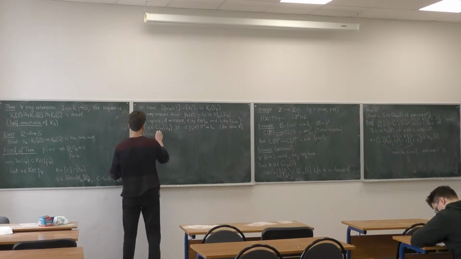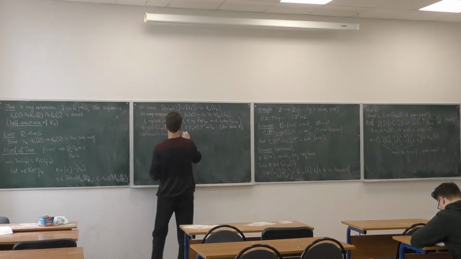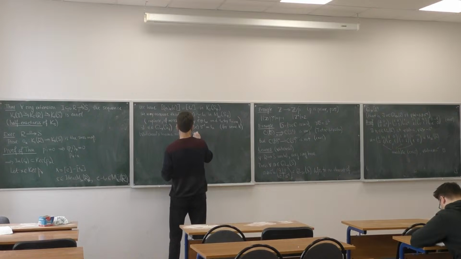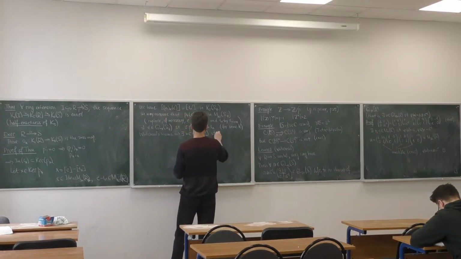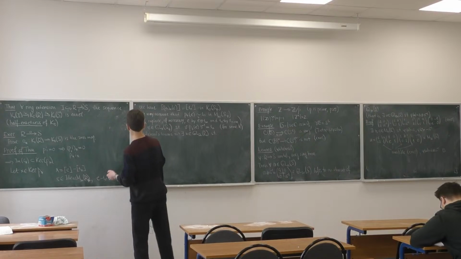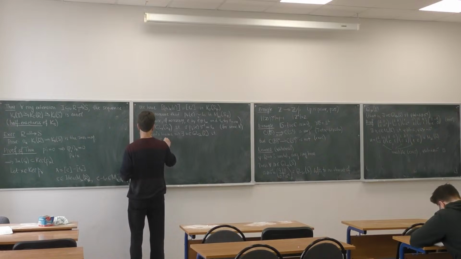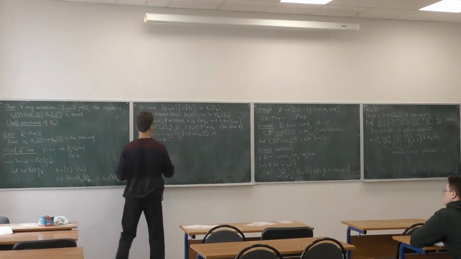By Whitehead's lemma, we can find an invertible matrix U in GL 2K of R plus, such that P plus applied to U equals V plus V inverse.